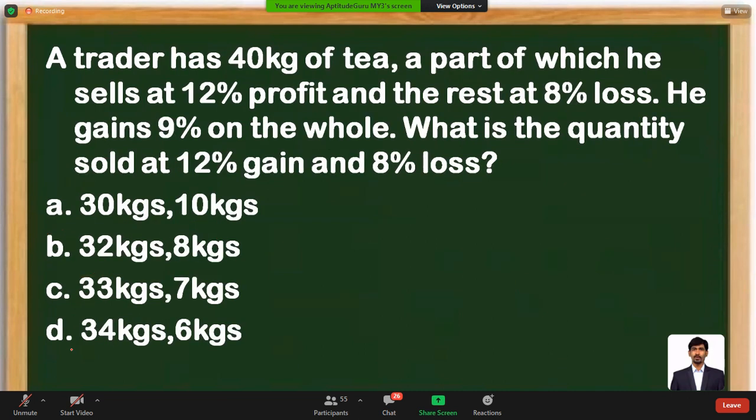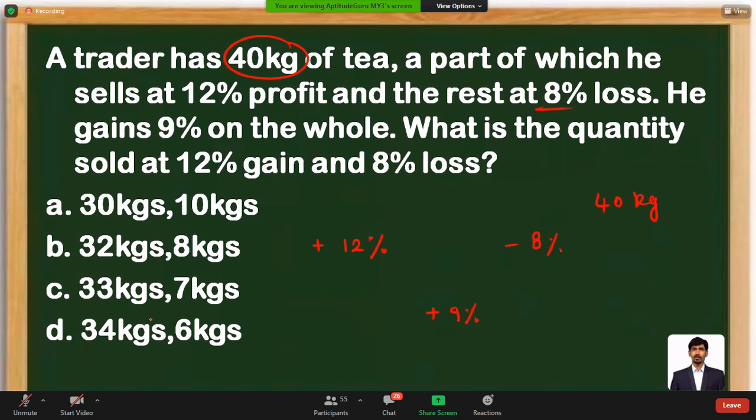Look at the next question. Having 40 kgs of tea. Some part of the tea is sold at 12% profit and the rest at 8% loss. He gains overall 9% on the whole.